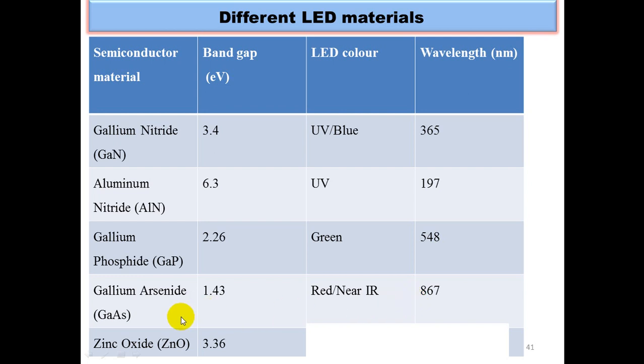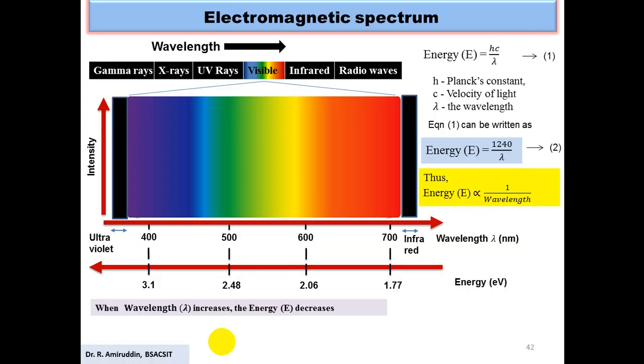Let us see one more last example of zinc oxide which has the band gap of 3.36 electron volt, and that 3.36 lies along the UV region.